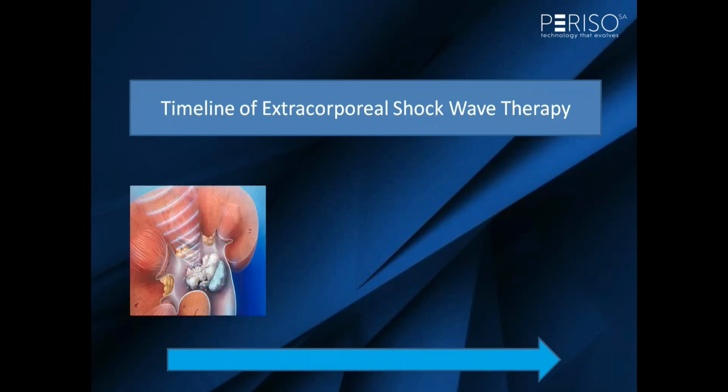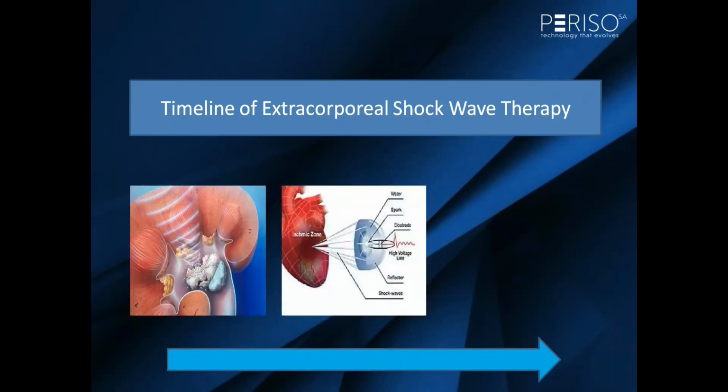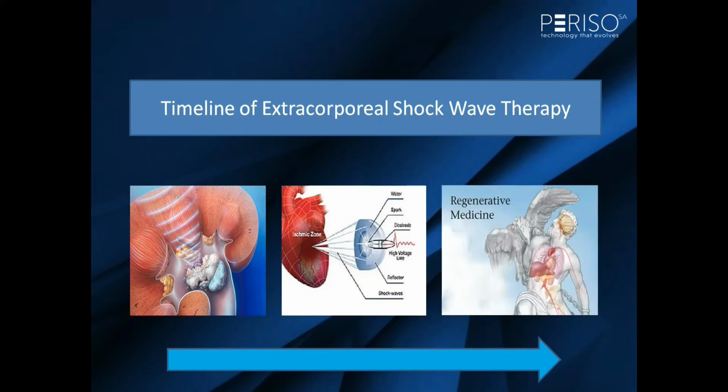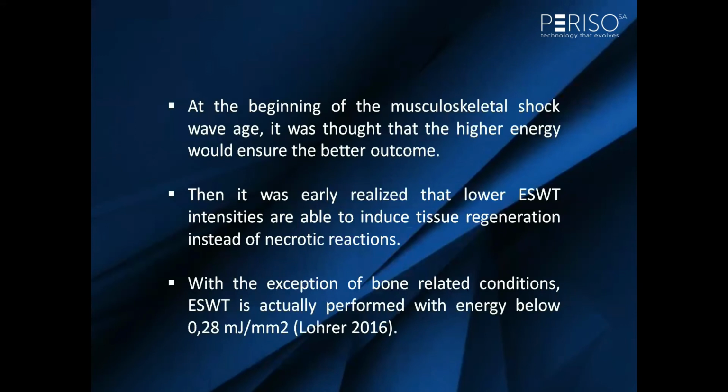We started from the disruptive effect on kidney stones and arrived at the regenerative effect, which makes it possible to treat ischemic zones, for example, through neoangiogenesis, and at the future of regenerative medicine. I think that in the next years we will speak about shock waves as a part of regenerative medicine, giving the possibility of great biological effects with these machines.